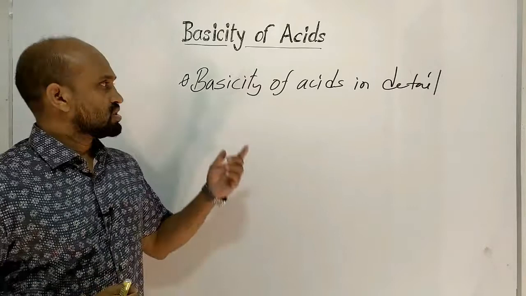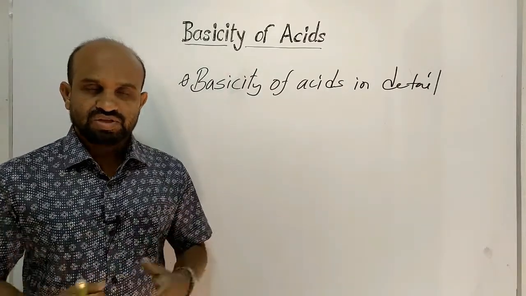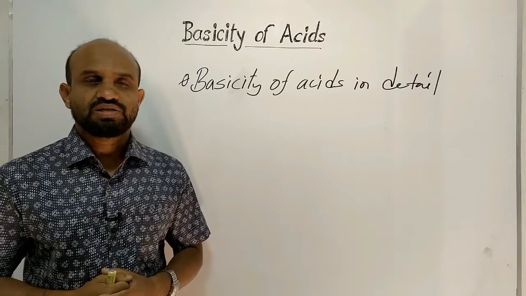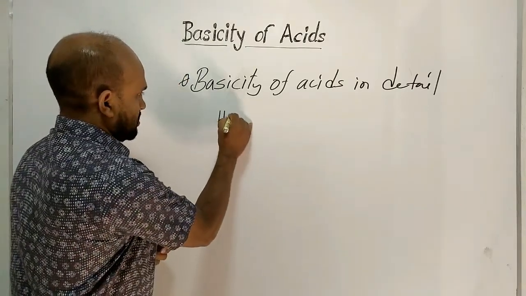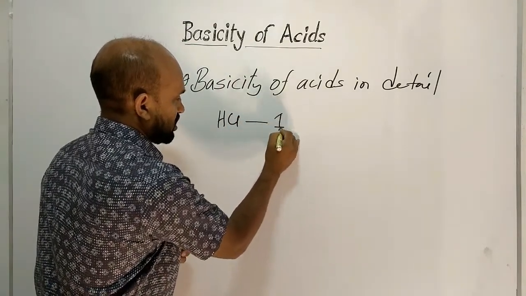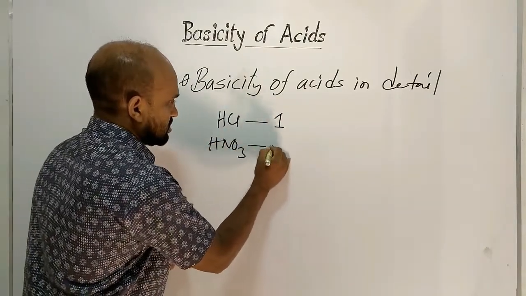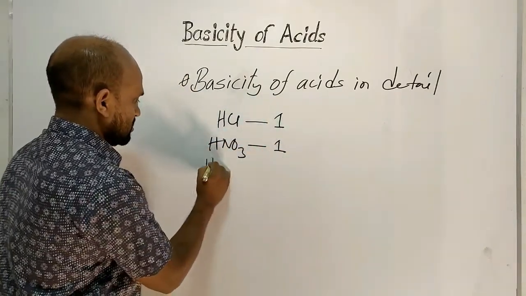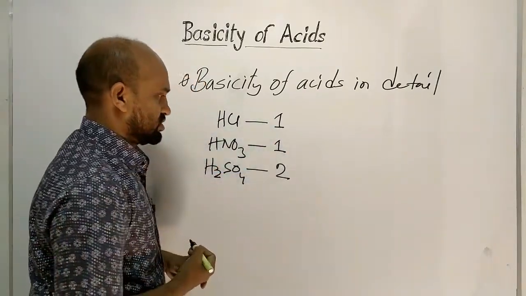Now the point is basicity of acids in detail. First of all, let's see basicity of some acids. Hydrochloric acid, its basicity is 1. Nitric acid, this is 1. Sulfuric acid, basicity is 2.